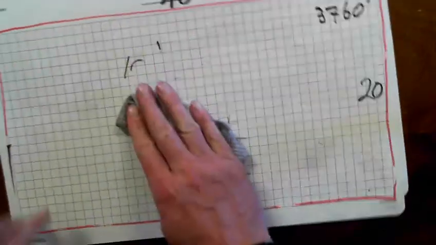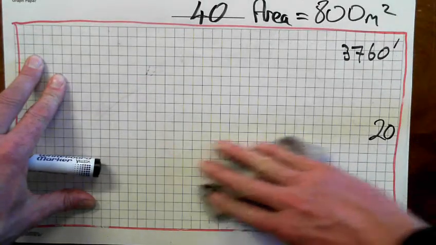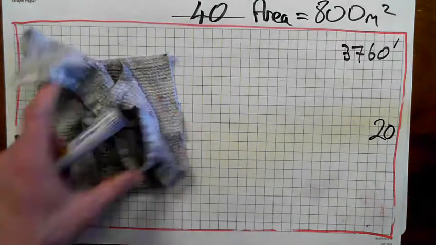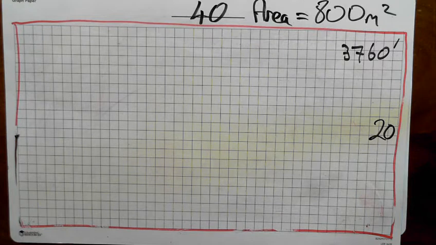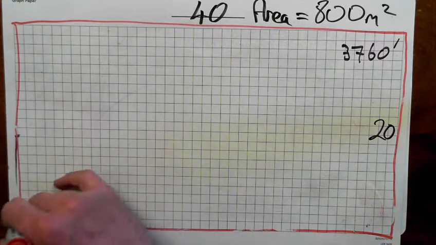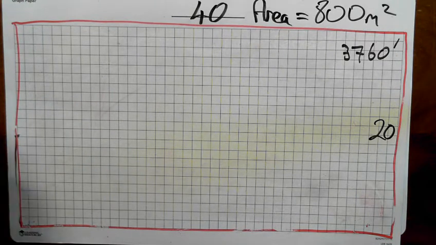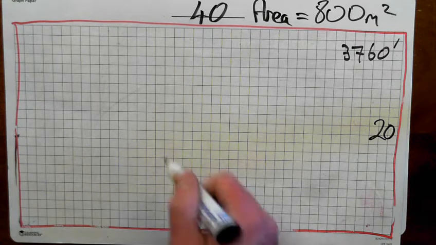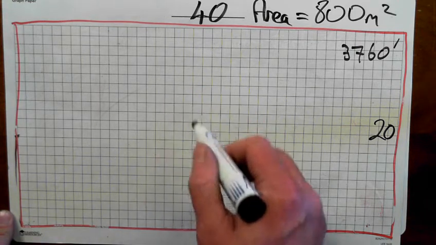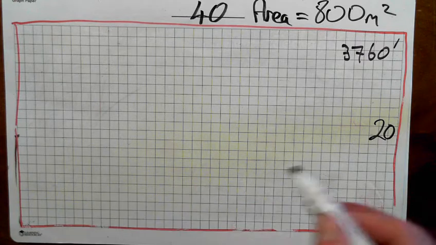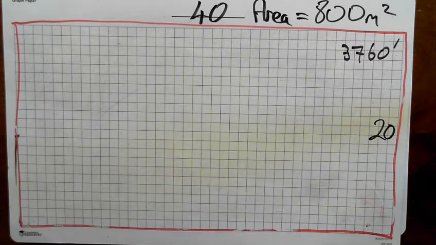So I'm going to repeat my experiment again. And I'm going to get my average. So if I repeat it again, let's say I do it again and I put down 10 squares and I count them all up. This time I count them all up and I get 62.